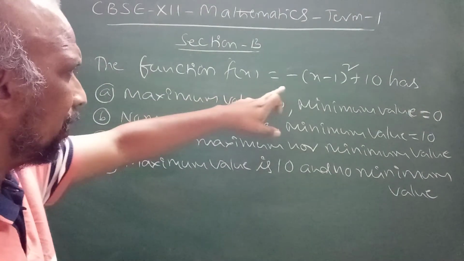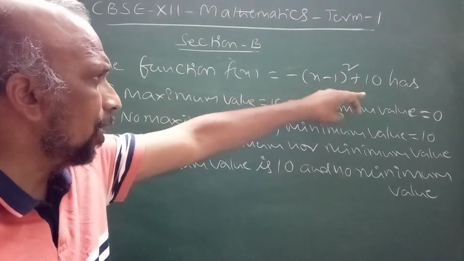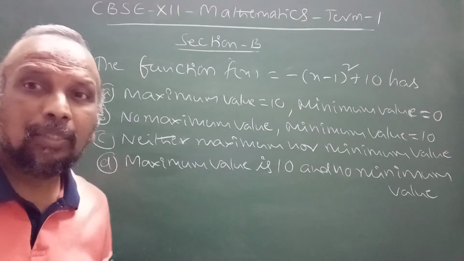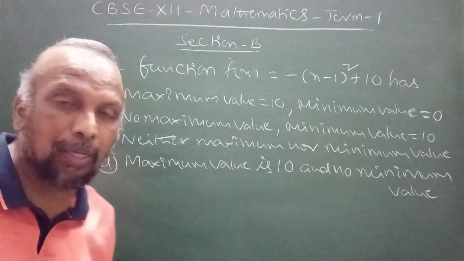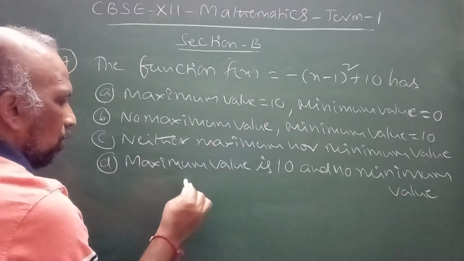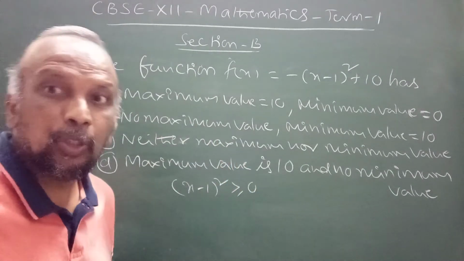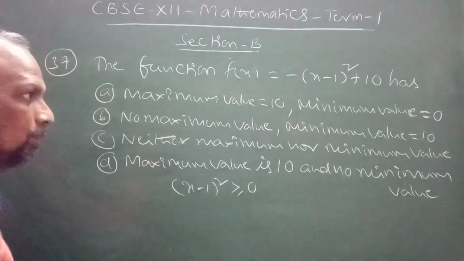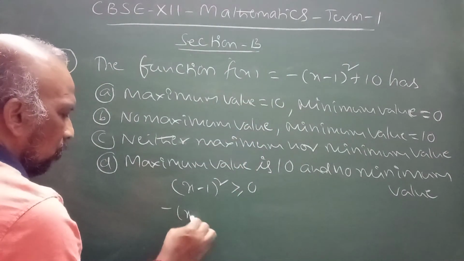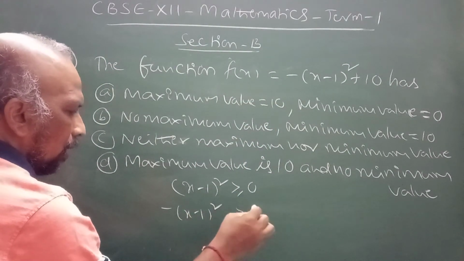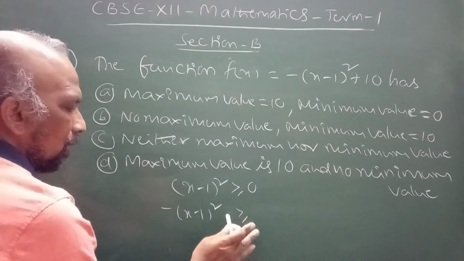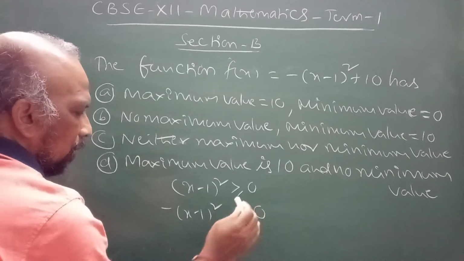The function f of x equal to minus of x minus 1 whole square plus 10 has... They're discussing maximum value or minimum value. Think about x minus 1 whole square: it is always greater than or equal to 0, 0 at x equal to 1, otherwise positive. If you multiply with negative, this greater than becomes less than or equal to 0.